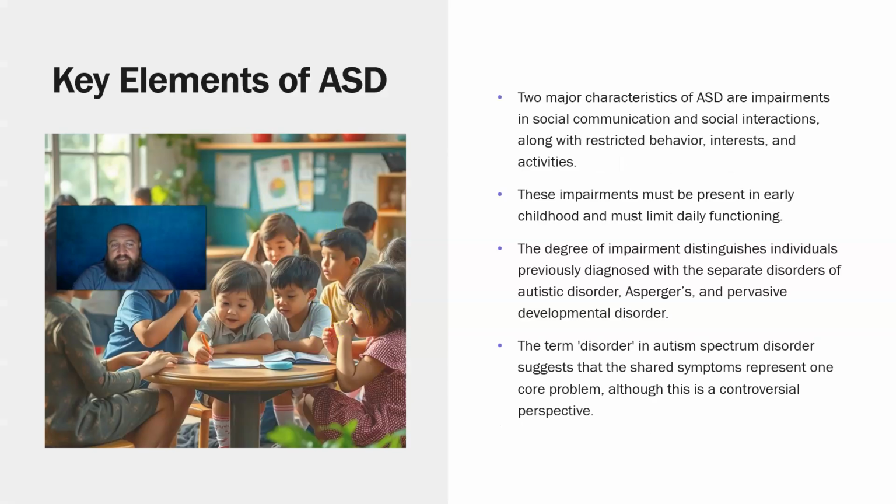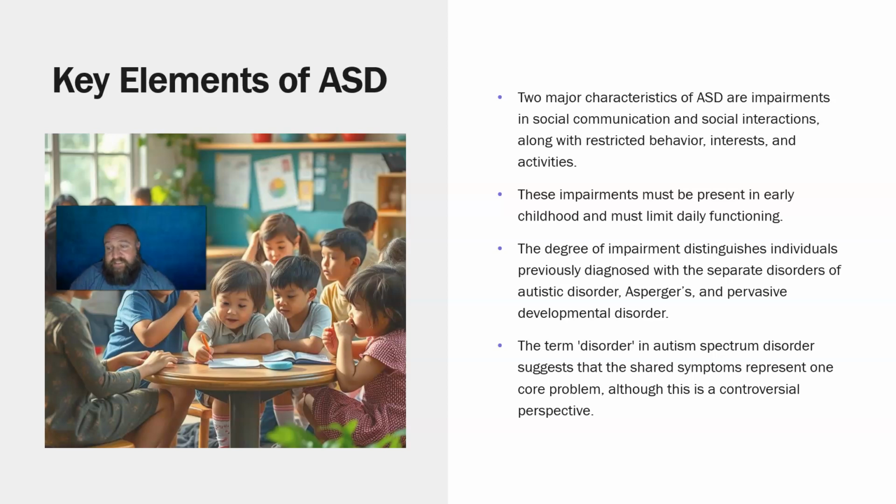So first things first, some of the key elements of autism spectrum disorder. You'll see as we go through, I'm going to go into a lot greater detail. I'll talk about the difference between two main diagnostic manuals, but essentially at its core, there are two major categories or groupings of characteristics of impairments that really define autism spectrum disorder.